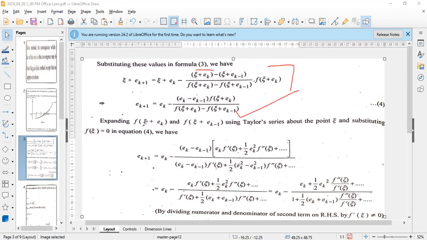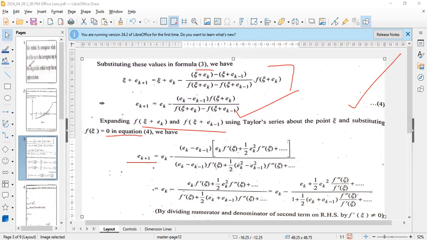So expanding by Taylor series, and putting f(epsilon) equal to 0 in equation 4, which we have numbered equation 4, after putting e(k+1), we have to simplify it. After rearranging, we get this.